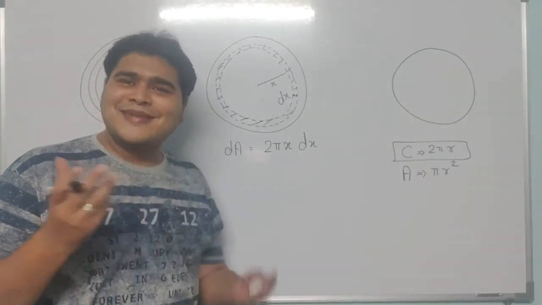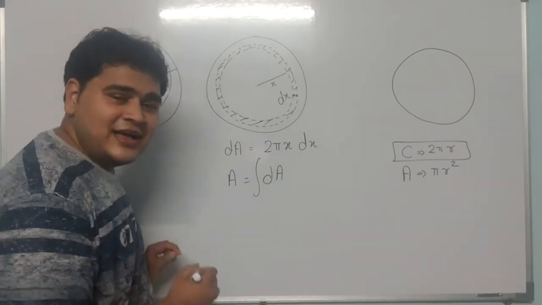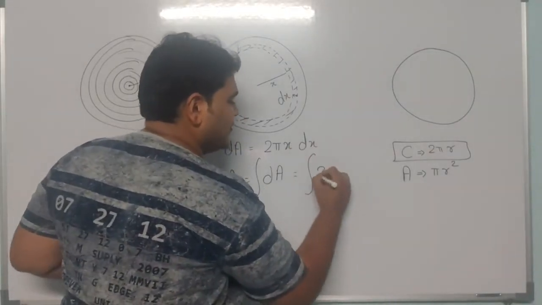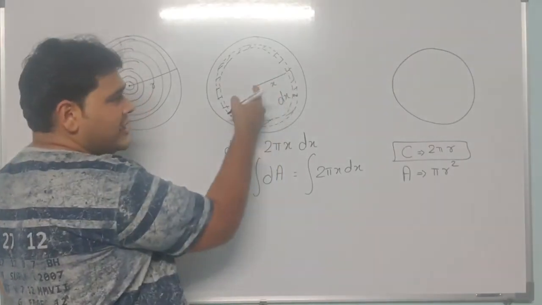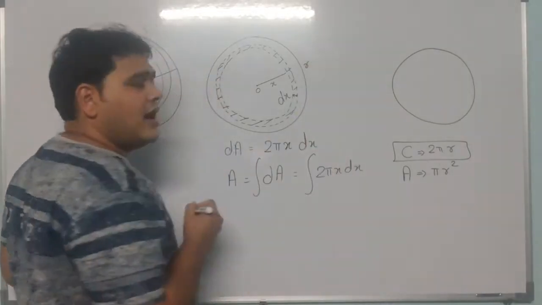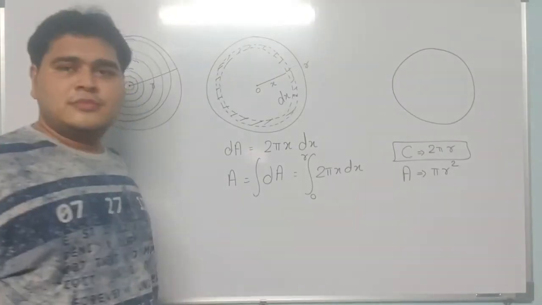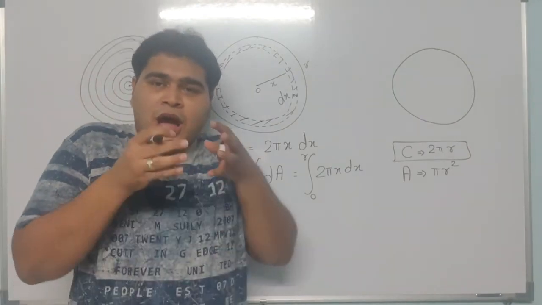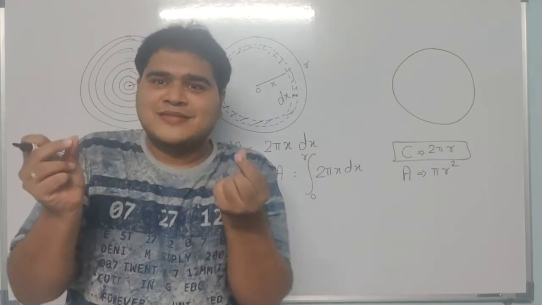Integrate it. Simple. So area is going to be integration of dA, which is integration of 2 pi x dx, where the minimum x will be 0 and the maximum x will be r. Am I right? So 0 to r. Because I have to integrate, I have to sum all the circumferences with the thickness. Am I right?